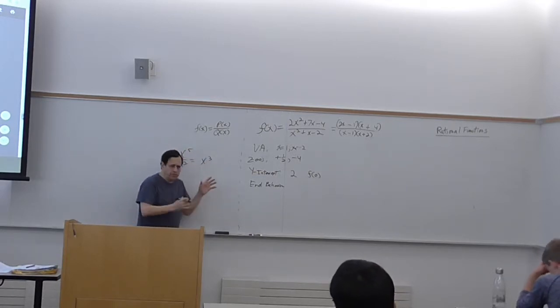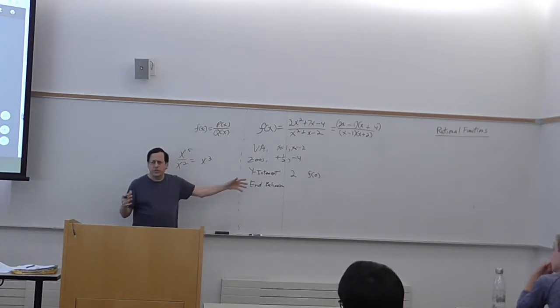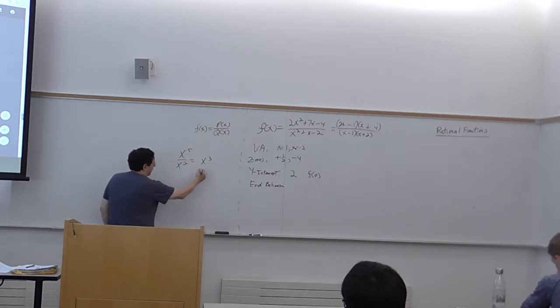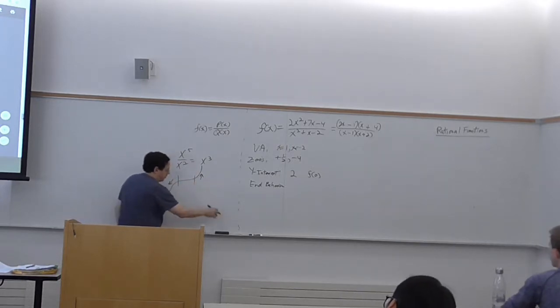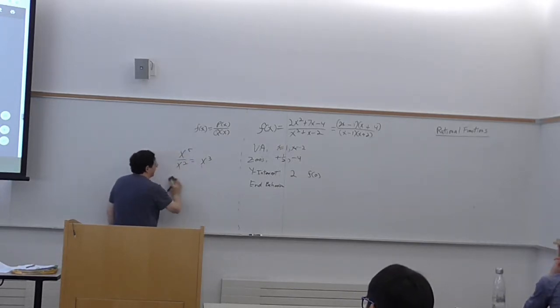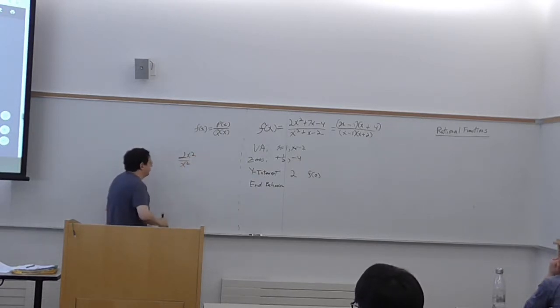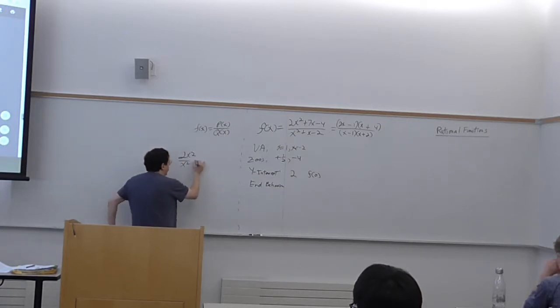That tells you as you get far away, the function looks like x cubed. So we might not know what goes on in the middle, but we would know what goes on at either end. This is different. Here we have 2x squared over x squared. These are the dominating factors when we get very large, it becomes 2.